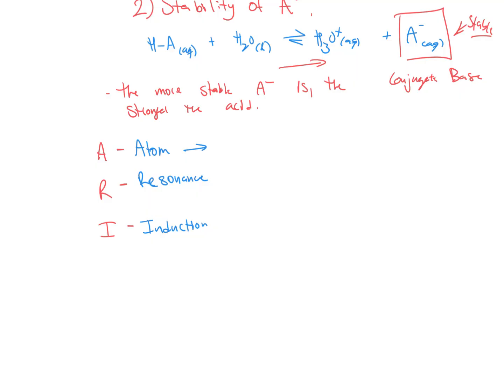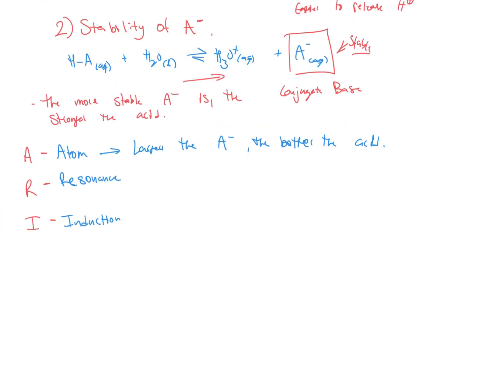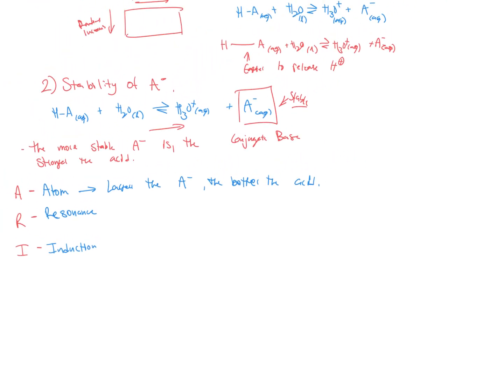And so when it comes to atom, the important thing to think here is the larger the A-, the better the acid. So let's take the case of H2S versus H2O.